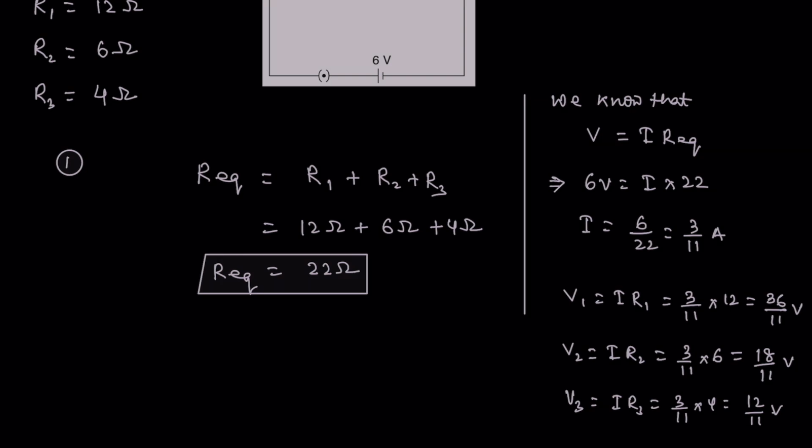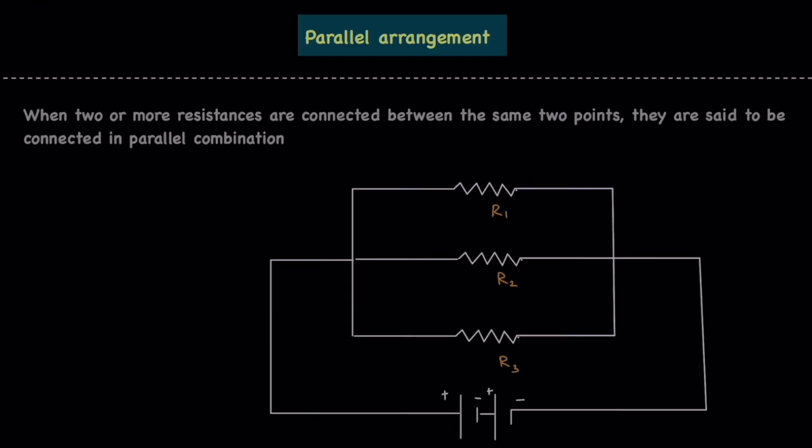So now we will see the second type of arrangement, which is the parallel arrangement. In parallel arrangement, when two or more resistors are connected between the same 2 points, then they are said to be connected in parallel combination. As you see, this is the circuit diagram of a parallel arrangement. Here we have three resistors R1, R2 and R3.